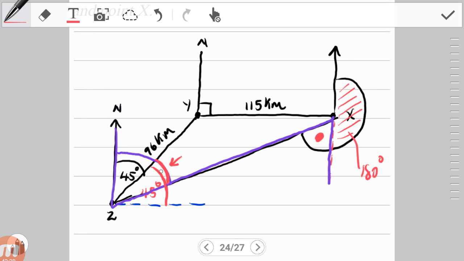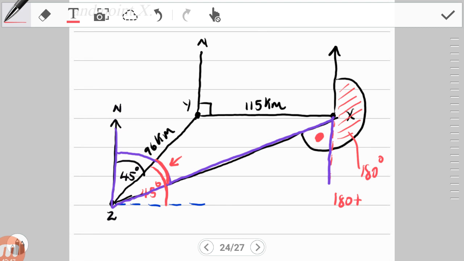Finding that total angle would therefore give us this angle out here, which we would add to 180 degrees to find our total bearing. So we need to go in search of this particular angle here.